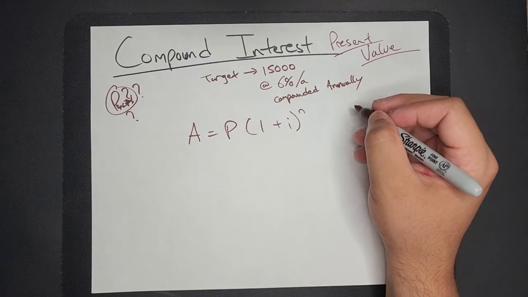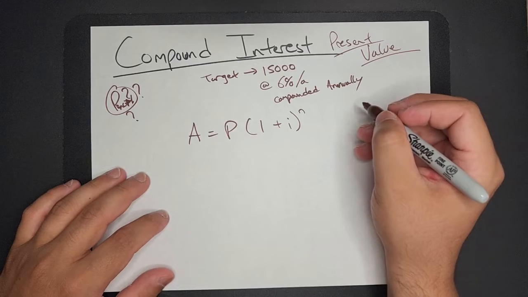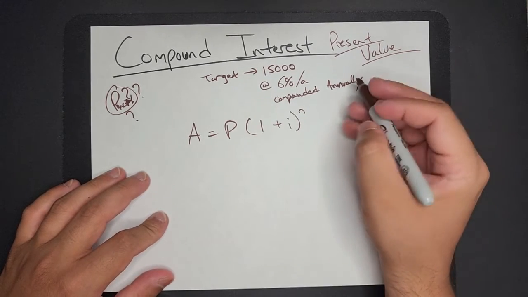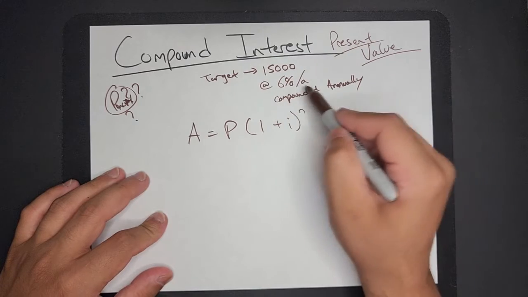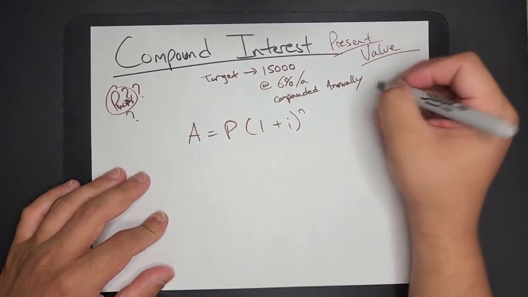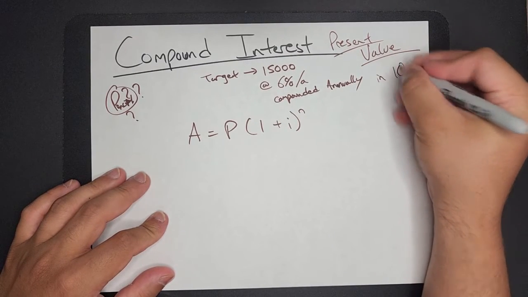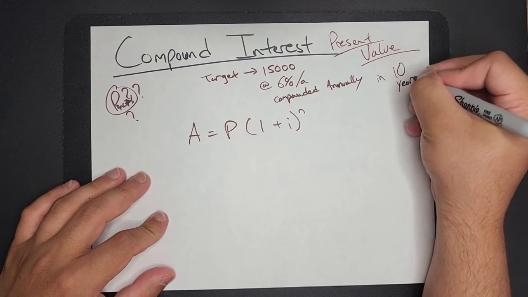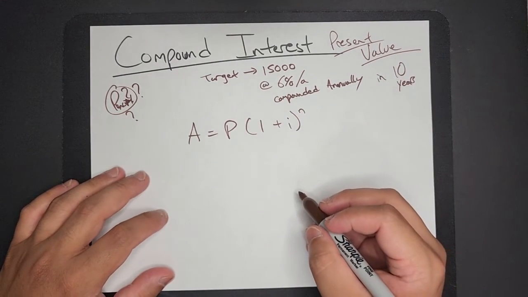Oh wait, one thing that I left out of the word problem is that we want all this to grow to 15,000 in 10 years. So how much should our principal be?